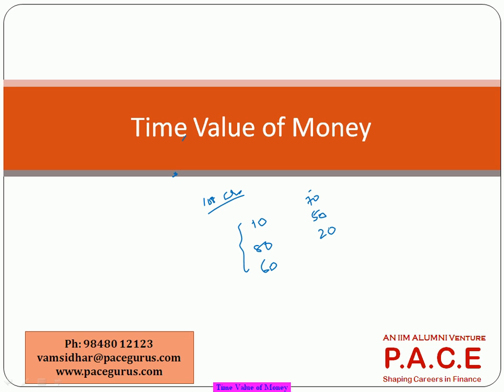But the reality for us is this is coming at different points in time. The 70 which you are getting initially itself, if I redeposit it at some other rate, because I am getting the cash very early, I can deposit it again.